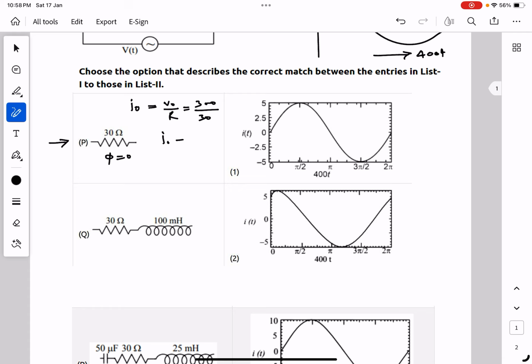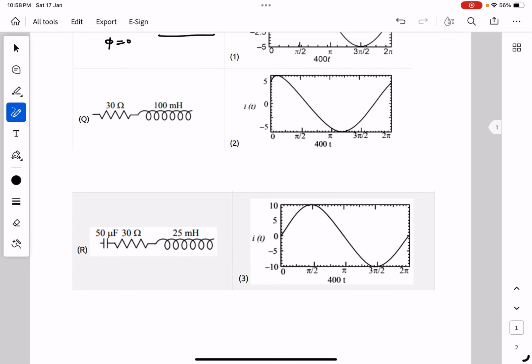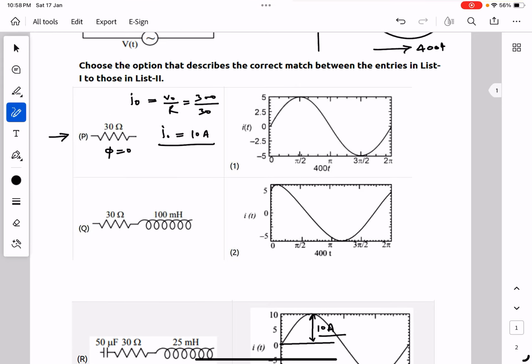So I naught is equal to 10 ampere. So in this case current is in phase with the voltage and amplitude of current is 10 ampere. So this matches with number 3.